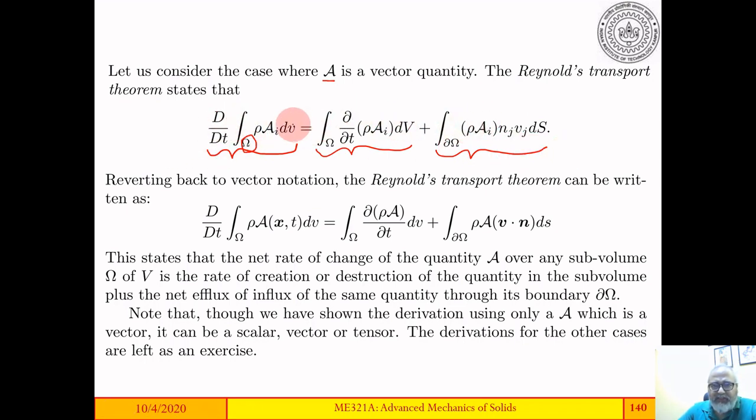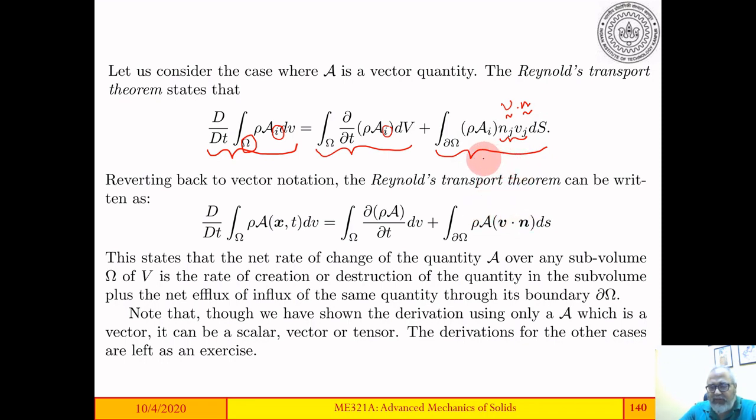So see that i is a free index. So i is everywhere, and I guess you can see that this, with j being the repeated index, is v dot n. This n is the outward normal to the surface, and v dot n is what this turns out to be, the surface integral.